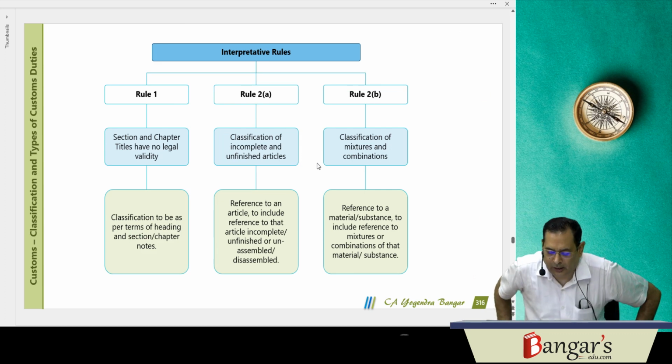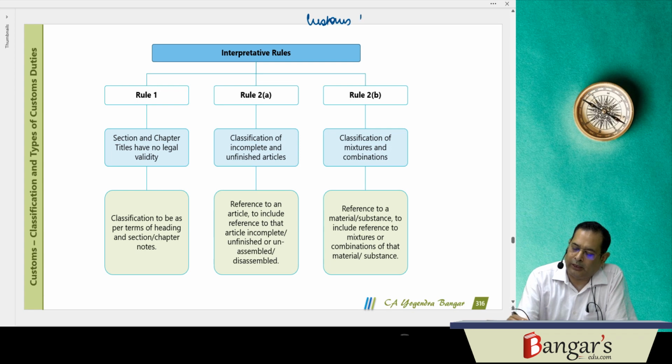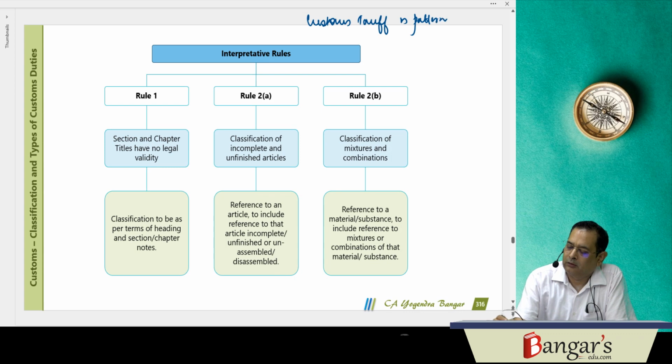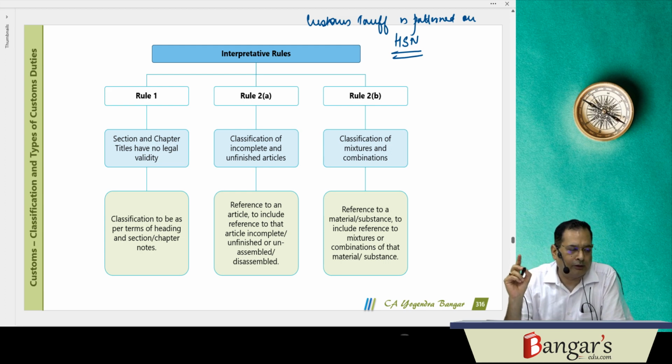Now basically our customs tariff is patterned on the harmonized system of nomenclature. This is the harmonized commodity description and coding system. Basically, it is an internationally accepted product classification system developed by the Customs Cooperation Council, Brussels.